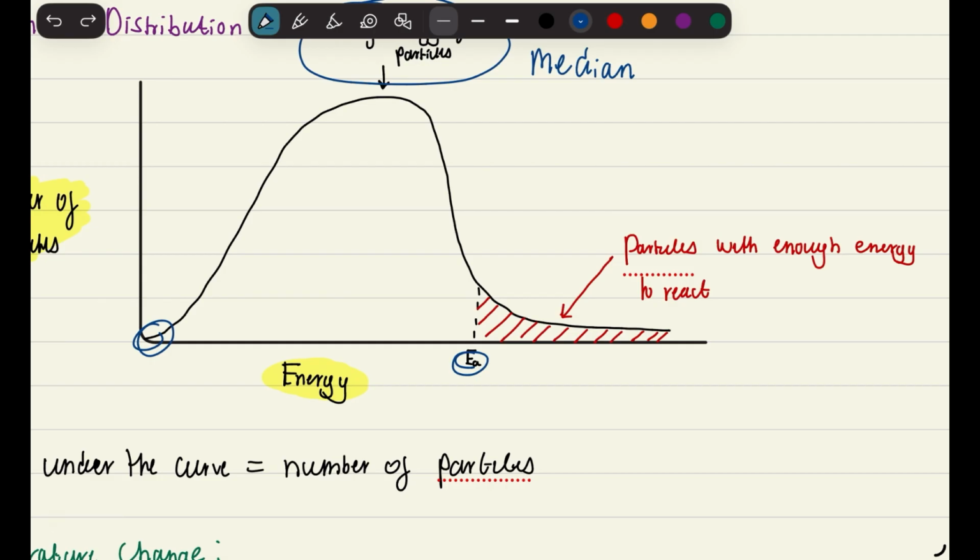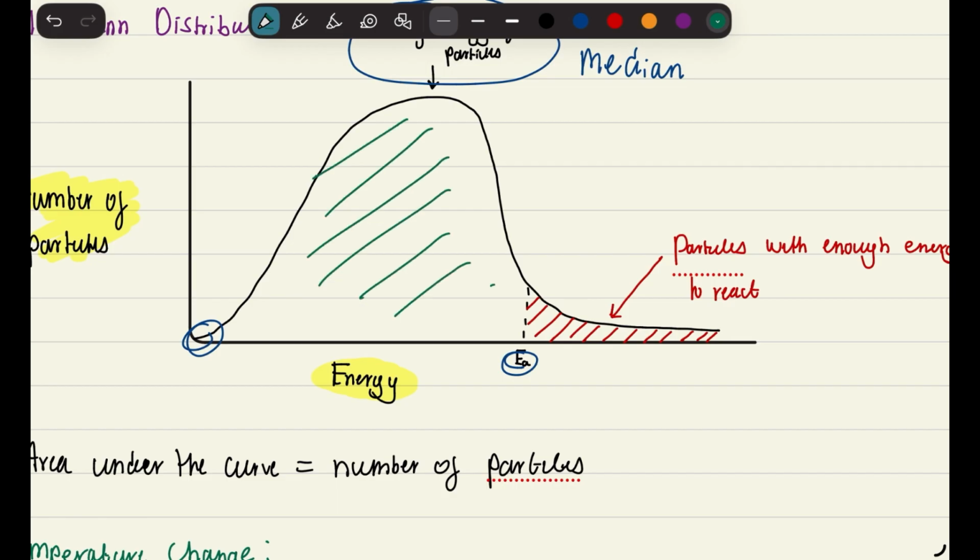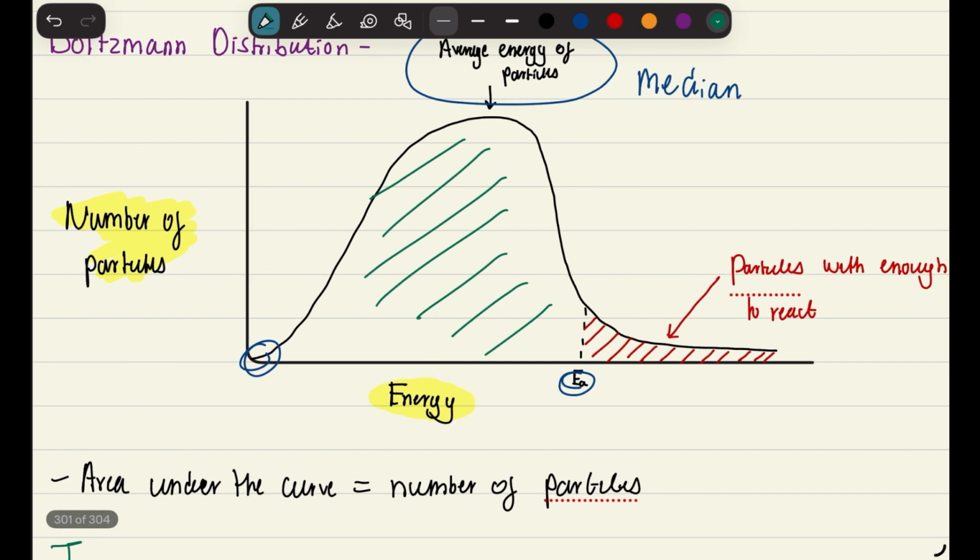So they have enough energy that if they collide in the right orientation, a reaction can occur. Know that, and just know as well the area underneath the curve. This is kind of the last bit. All this area underneath the curve is going to be the total number of particles. The y-axis is giving us the number of particles at a given energy, whereas the area under the curve is the total number of particles in whole.